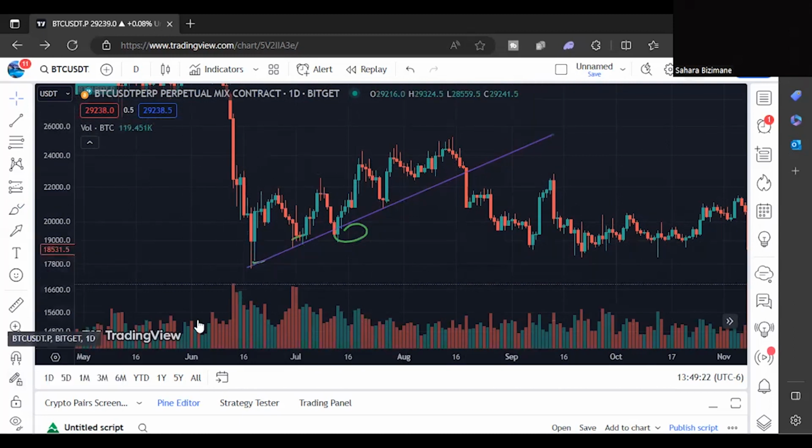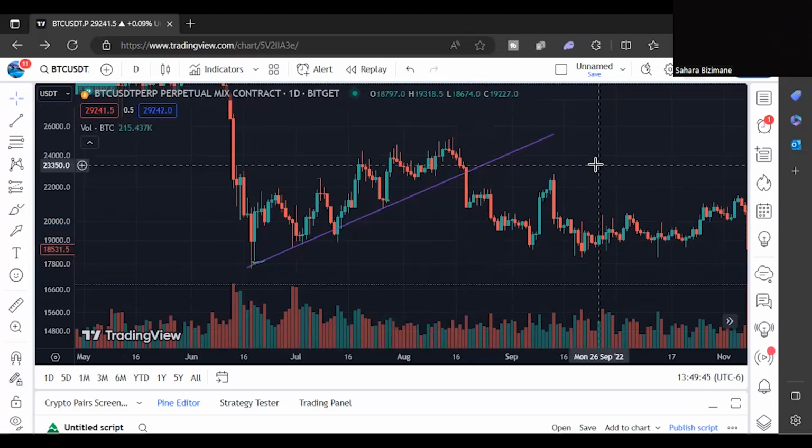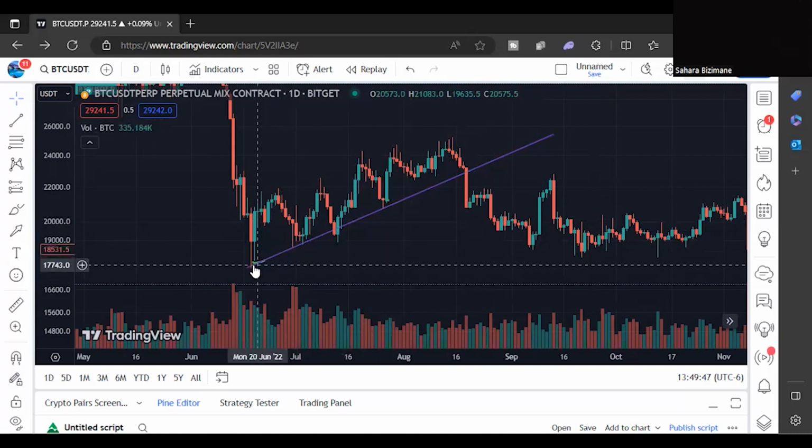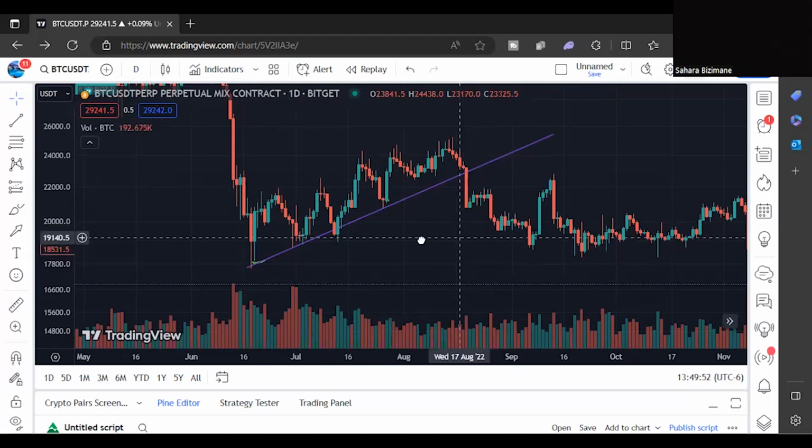Anytime you see the price forming this type of uptrend, just know that eventually, 9 out of 10 times, this uptrend line will end up getting broken.